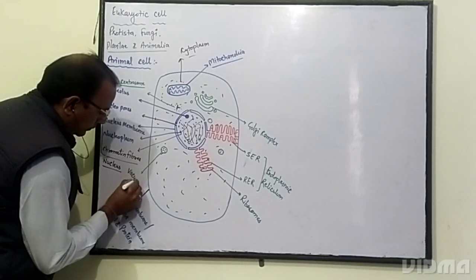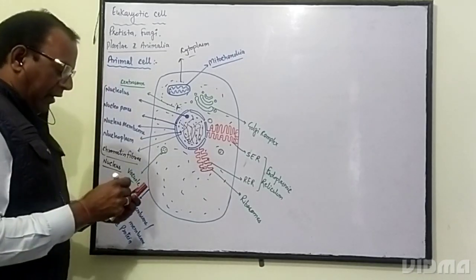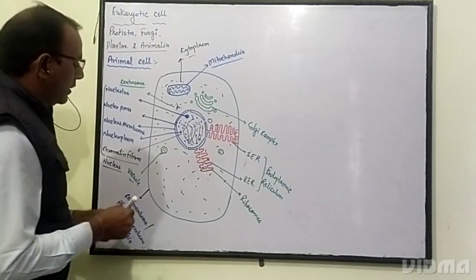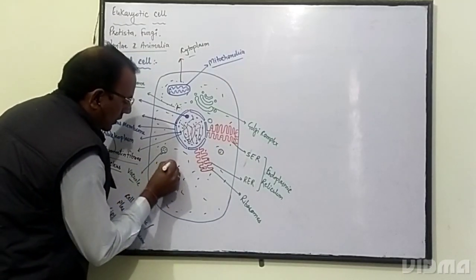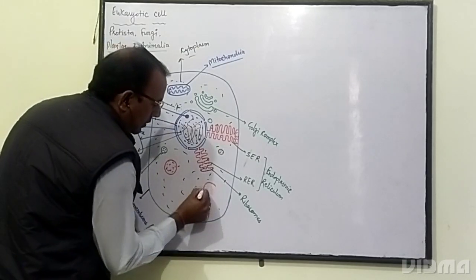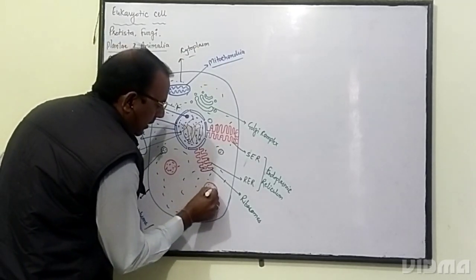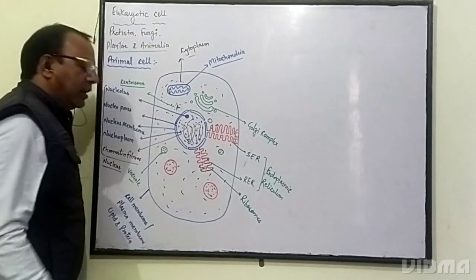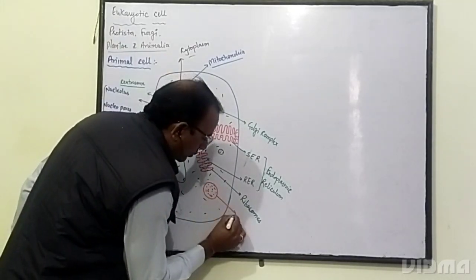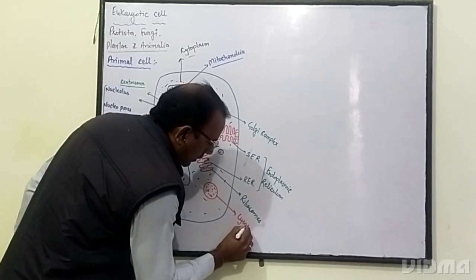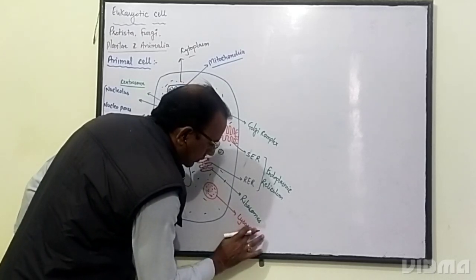Vacuoles are empty spaces. There is also another spherical structure which contains some enzymes. These are single membrane covered spherical structures called lysosomes.